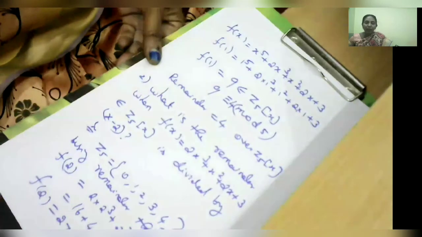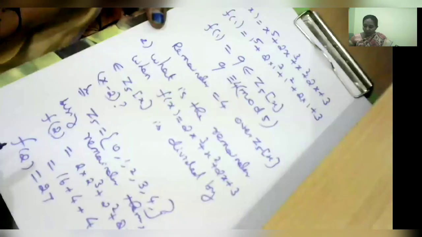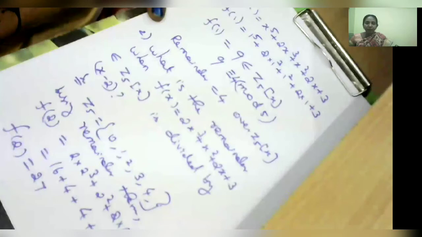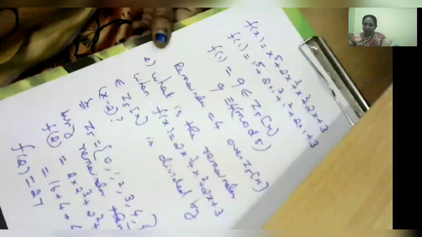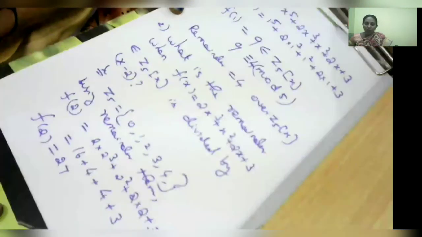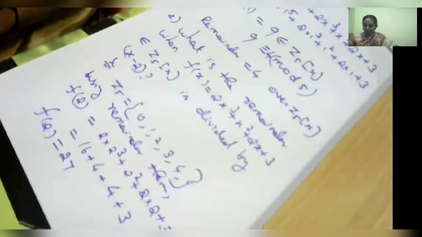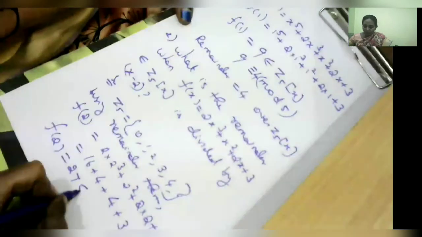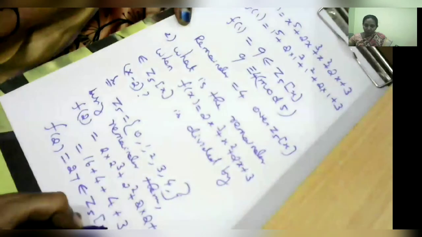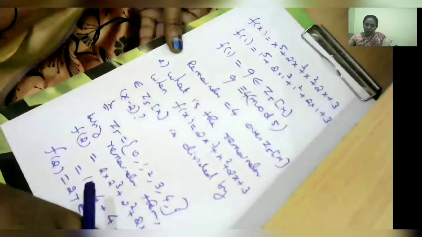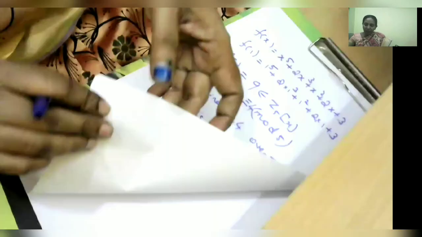Check whether f of 2, which is 27, belongs to the set Z5. It does not belong to Z5. So rewrite it: 27 is congruent to something mod 5.